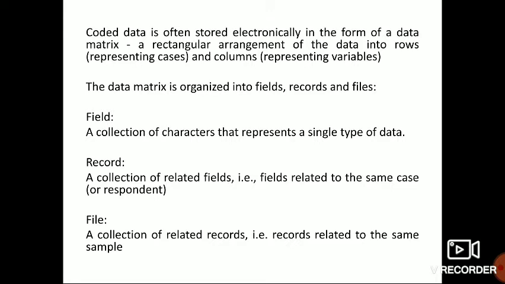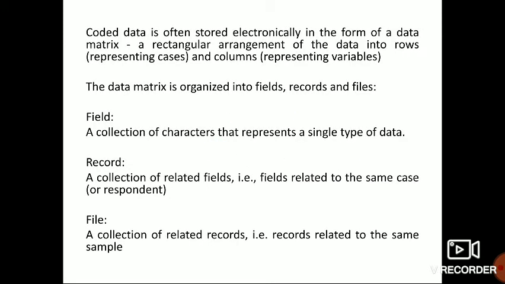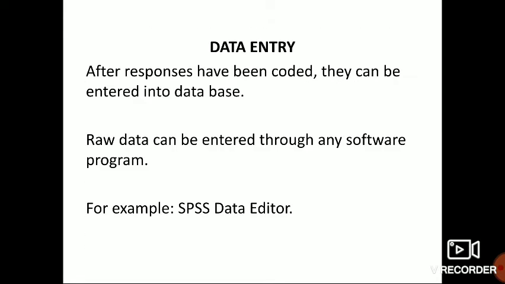So the coded data will be organized into a matrix in field, record and file format. The entire content, that is variables and categories, is organized here in file format. This is called the data matrix.